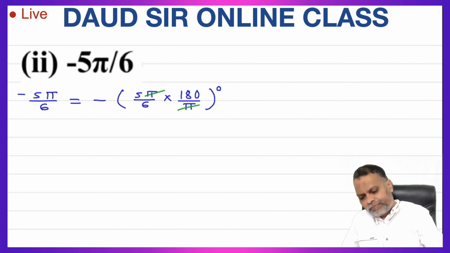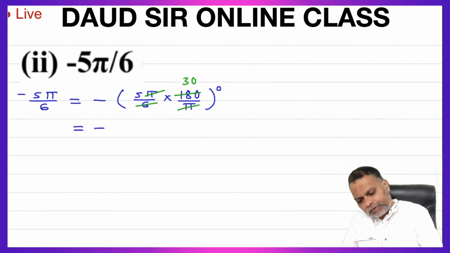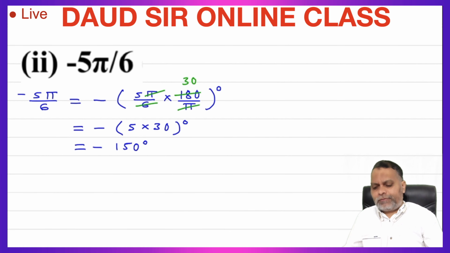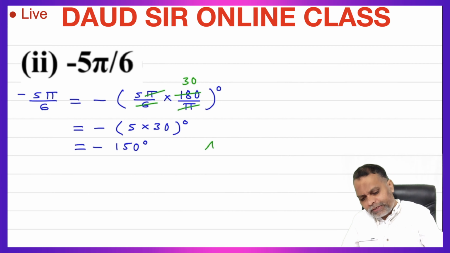Pi cancelled. 6 3s are 18. 3 and 0. Which is equal to minus 5 into 30 degree, is equal to minus... 5 3s are 15. So this is minus 150 degree. This is the required degree measure.